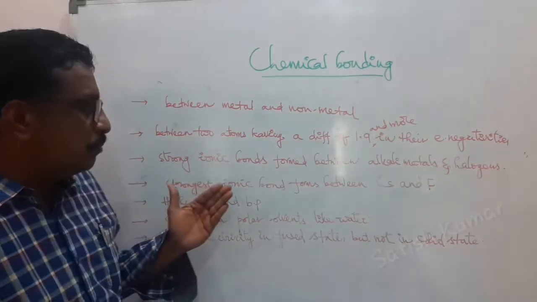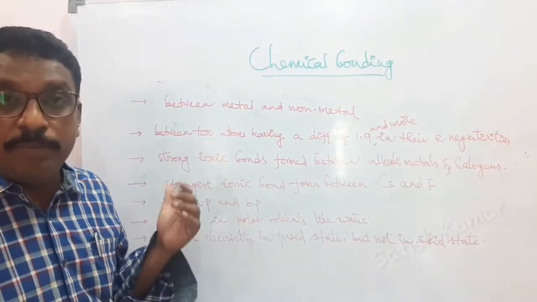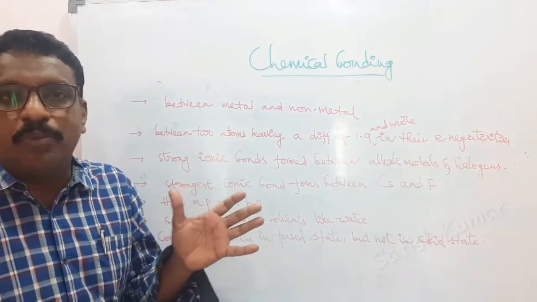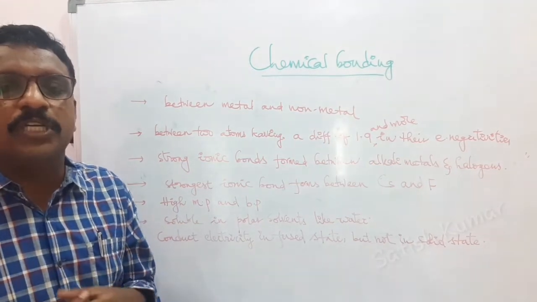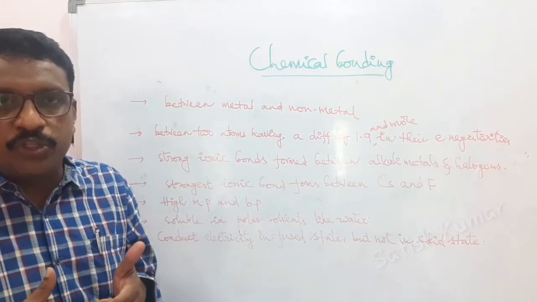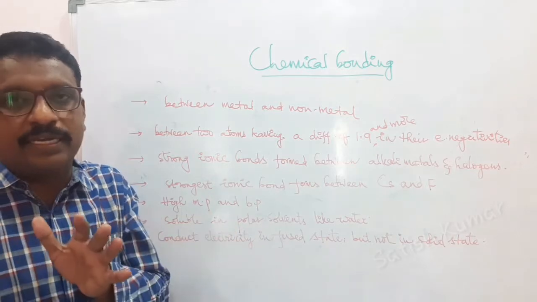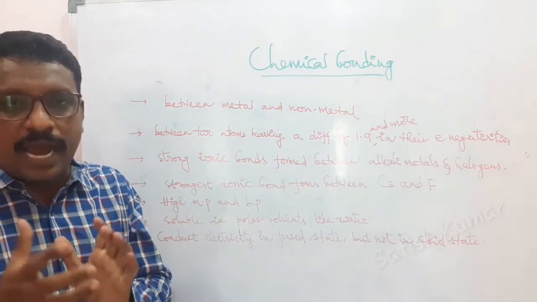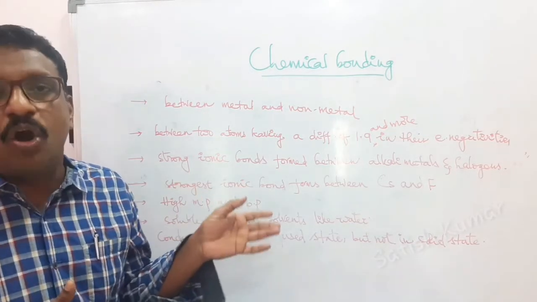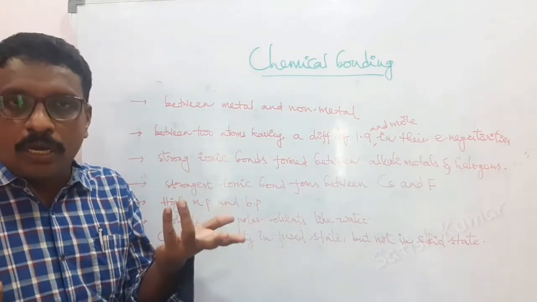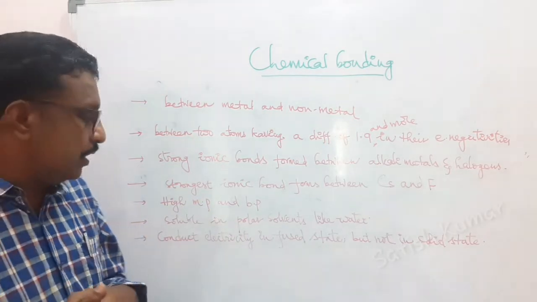And ionic compounds have high melting point and high boiling point. ఈ compounds కి high melting point, high boiling points ఉంటాయి. ఎందుకు ఉంటాయంటే these compounds are formed due to strong electrostatic forces. ఇవి చాలా స్ట్రాంగ్ ఫోర్సెస్ తోటి ఫామ్ అవుతాయి కాబట్టి వీటికి high melting point and high boiling point ఉంటాయి. అంటే వీటిని కరిగించడం కానీ లేకపోతే వేపర్గా మార్చడం కానీ కష్టంతో కూడుకున్నటువంటి పని.